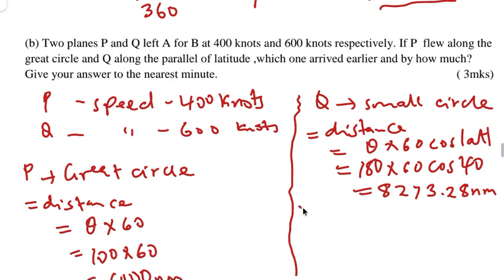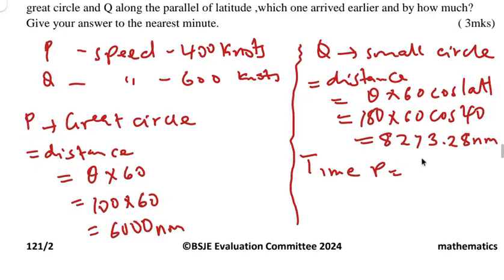So let's find the time of P and the time of Q. Time is given by distance over speed. Time for P is its distance 6000 divided by its speed 400, which gives 15 hours.